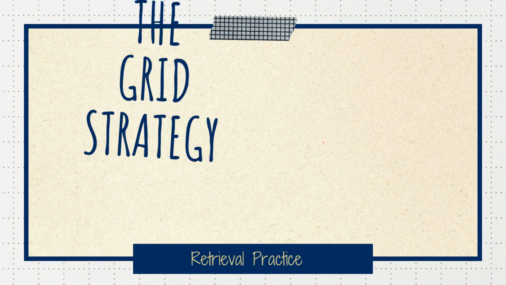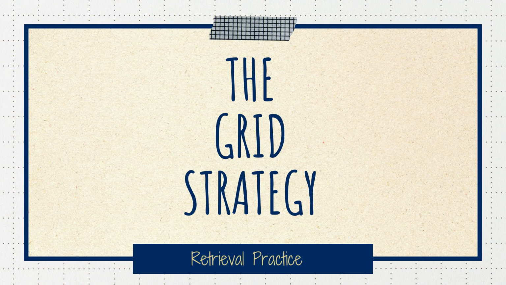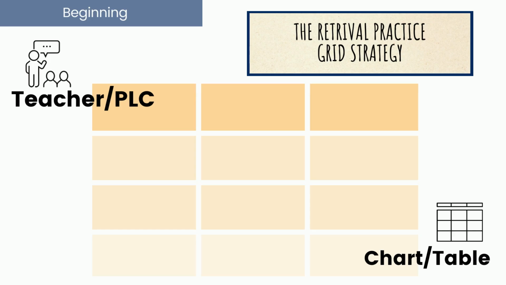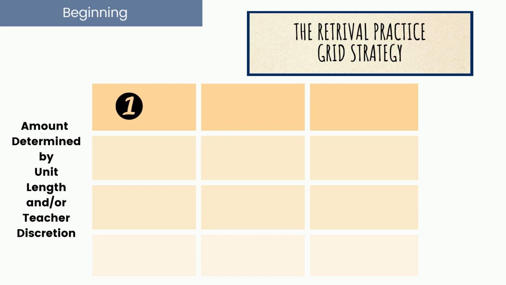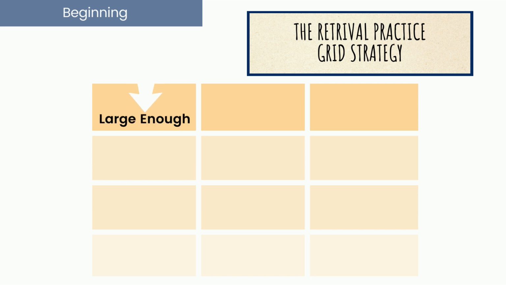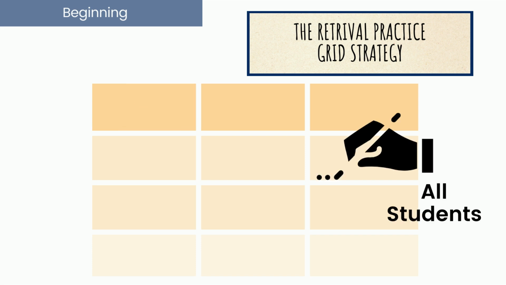The grid strategy is one way to use retrieval practice in the classroom. The grid strategy begins with a teacher or PLC creating a grid, using a chart or table, with as many boxes as deemed appropriate based on the amount of lessons the grid will be used for. The boxes in the grid should be large enough to ensure that all students have enough room to write in them.